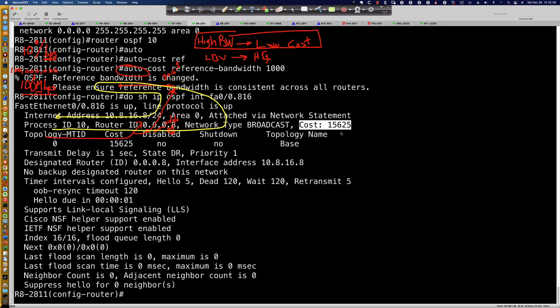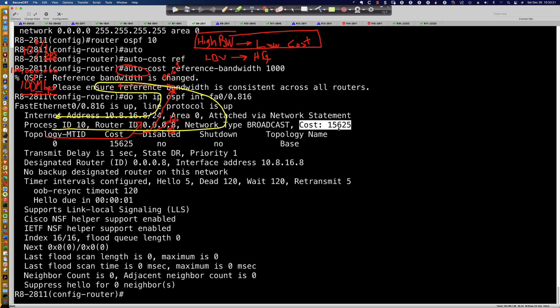So the Packet Tracer limitation, not a big deal, but this proves to you that when the auto cost reference bandwidth is set to a gigabit per second, all of the interface costs locally on that router are now being calculated in a different fashion with a different equation.